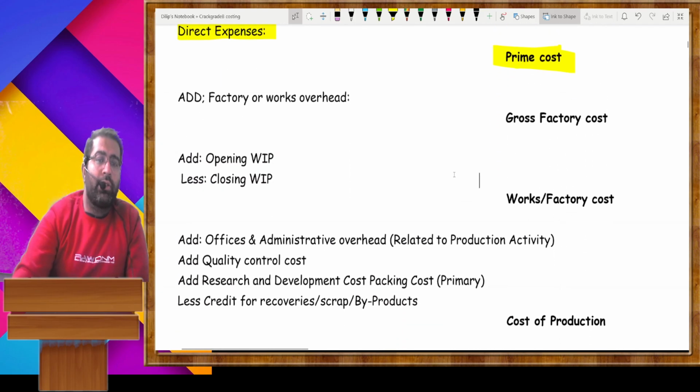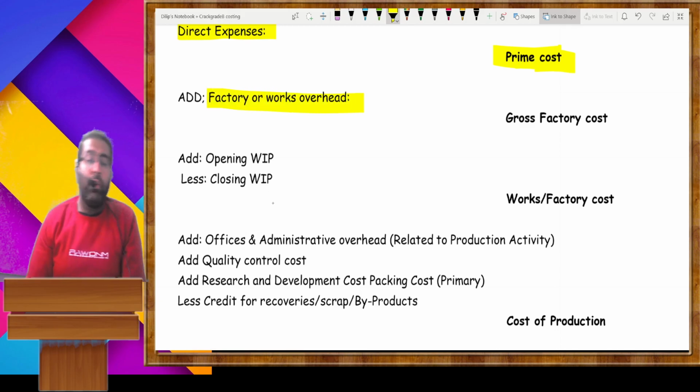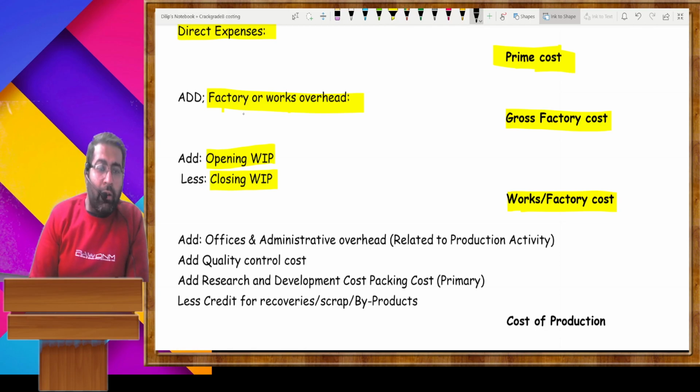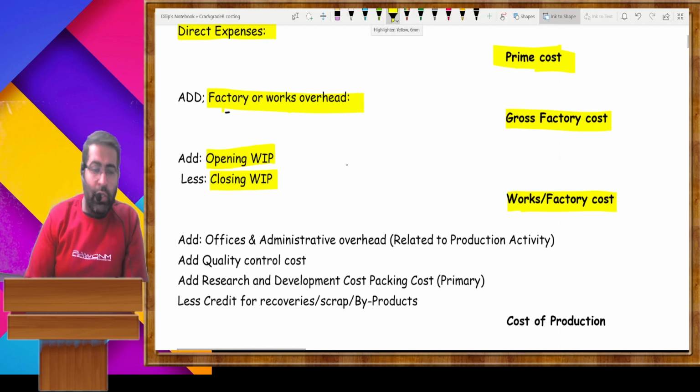Next, in the prime cost we add factory overheads, or overheads which are related to the works. It is regarded as gross factory cost. Then we add opening work in progress less closing work in progress. Then we arrive at the factory cost. How many items are included in factory cost is enclosed in the footnote at the end of this cost sheet.